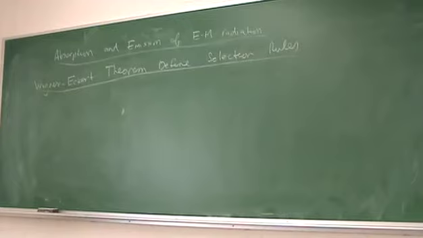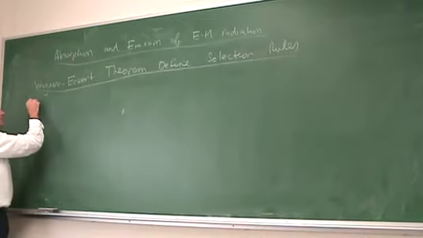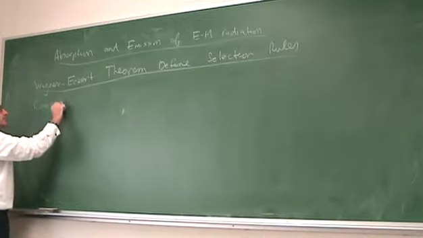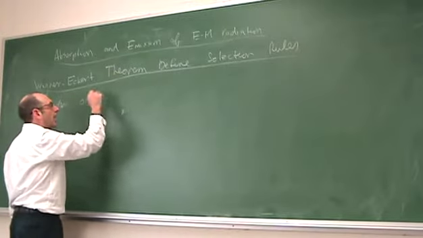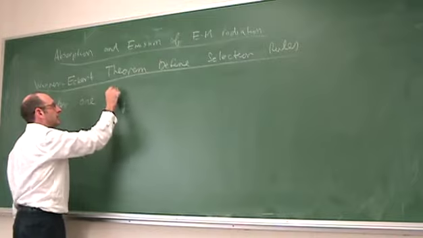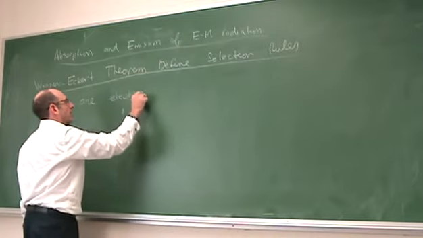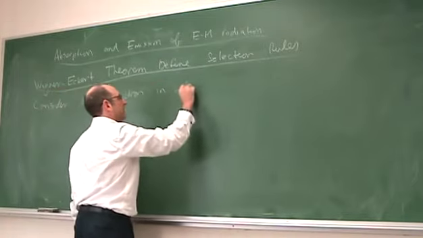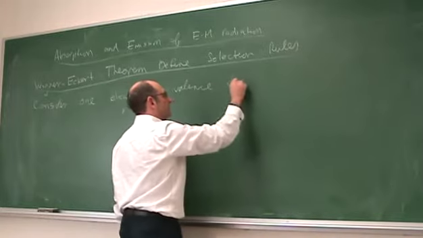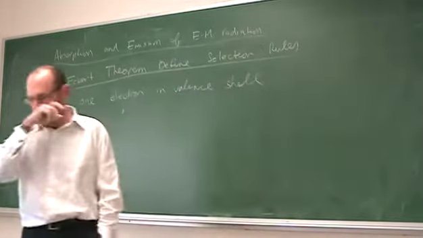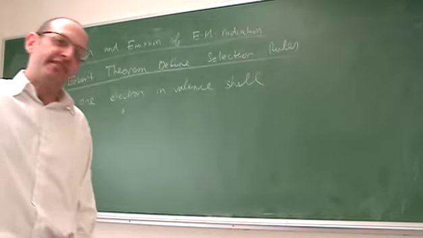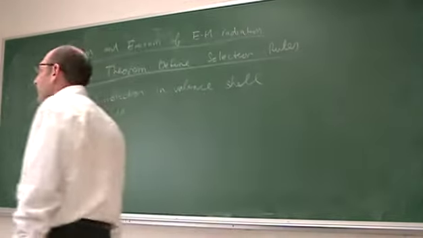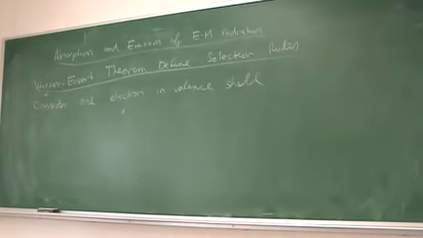What do I mean? Let's consider one electron in the valence shell. So let's think about hydrogen, or the alkalis, or singly ionized calcium.